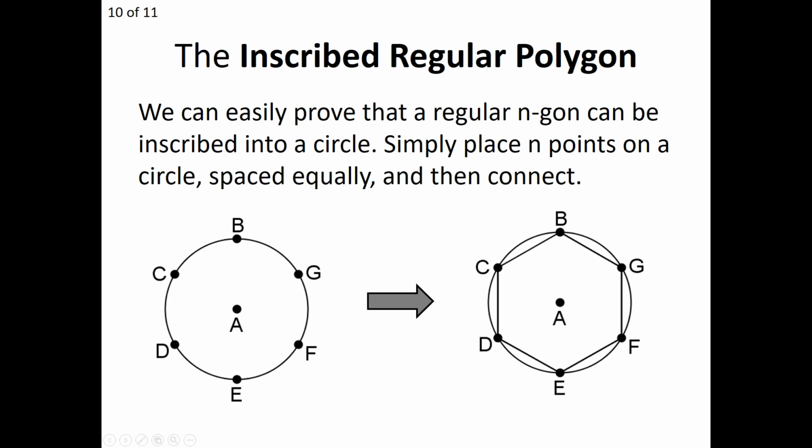Now we move into one more special case with our inscribed polygons, and that is inscribing a regular polygon. It's actually quite easy to inscribe a regular polygon, and here's why. We can simply plot points on a given circle such that they are equally spaced. How do we know that? Well, we have our protractor postulate, which means we can measure and make measures.